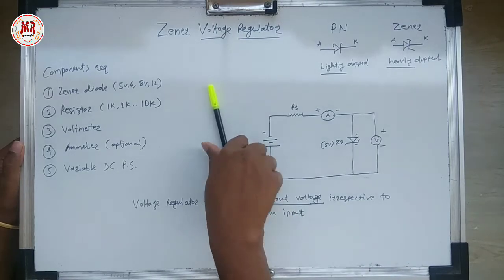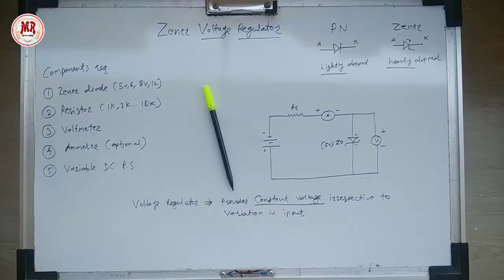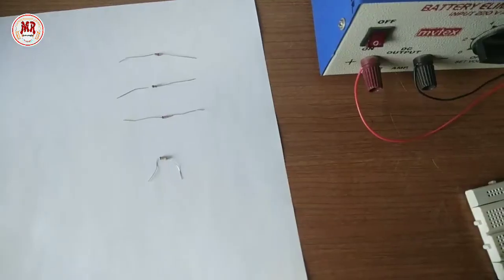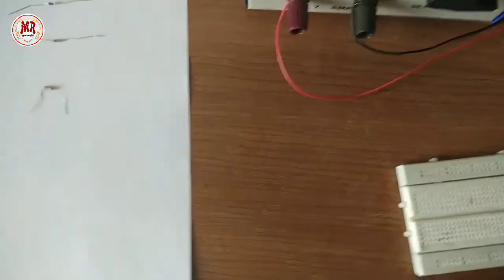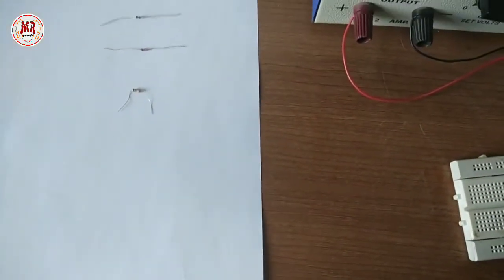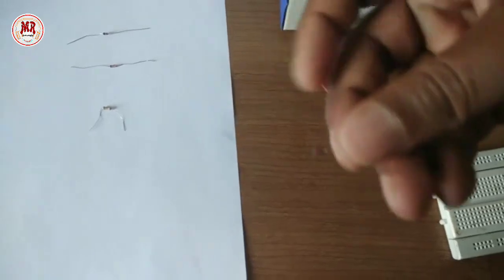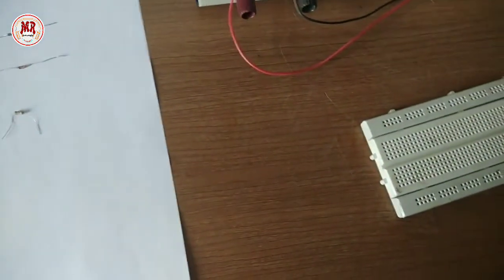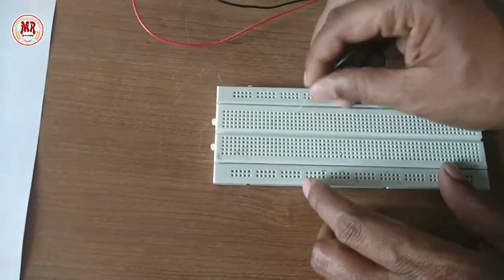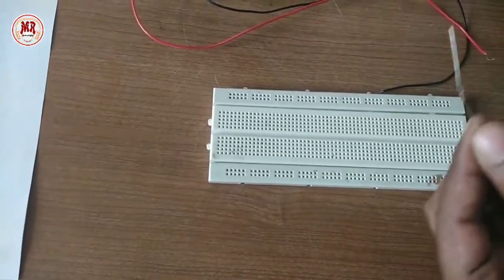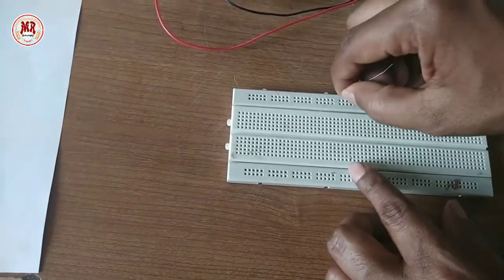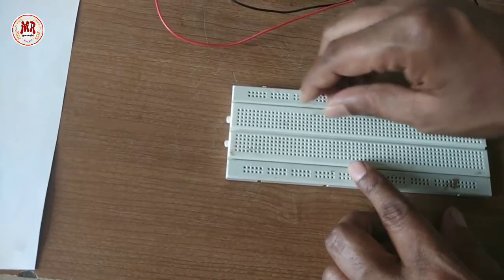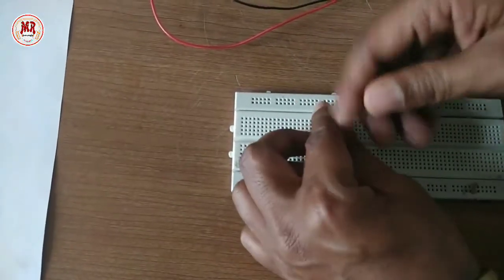Now the practical. These are some Zener diodes. Now this is the Zener diode. This is cathode and anode. To operate Zener diode as a voltage regulator, it must be connected in reverse bias.